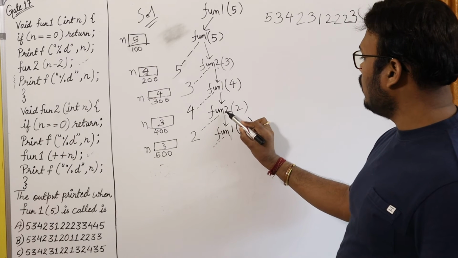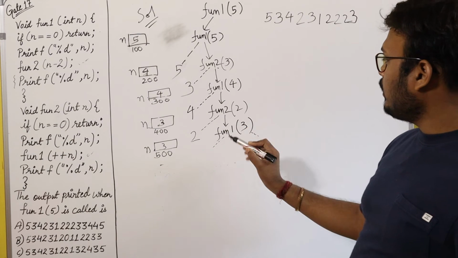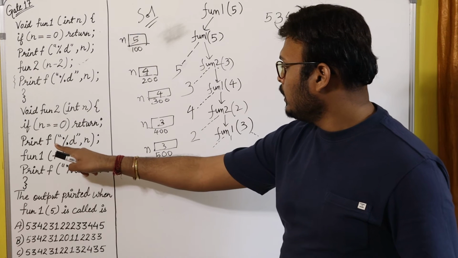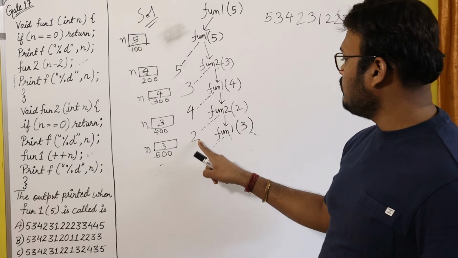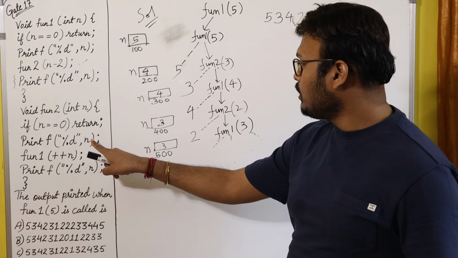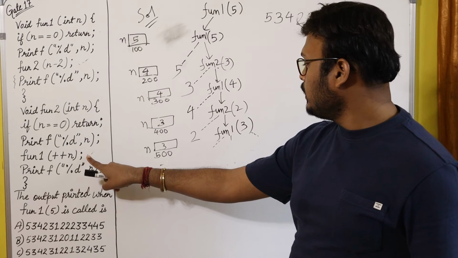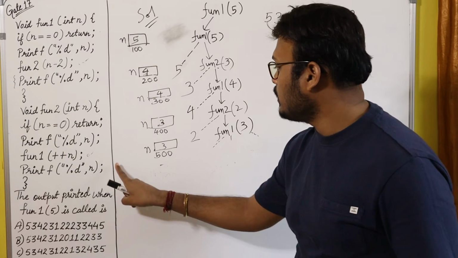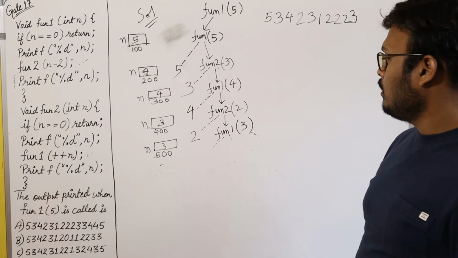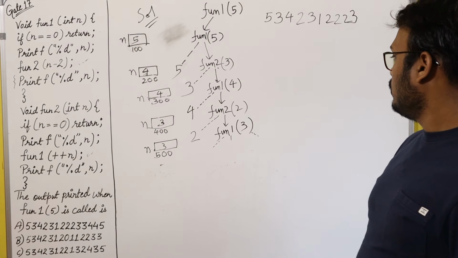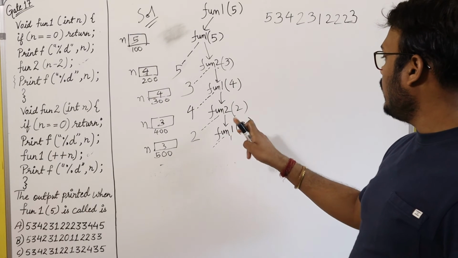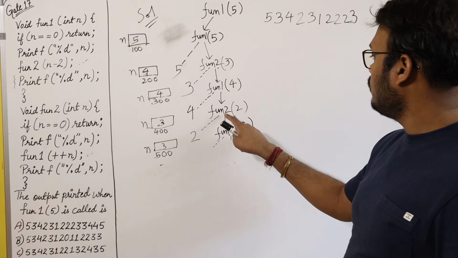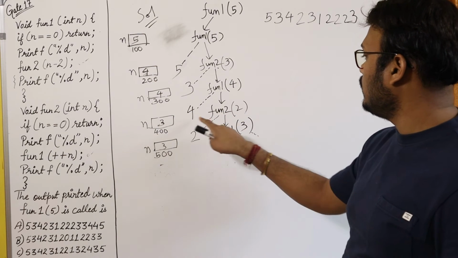So function 2 called this fun1. Before that, function 2 printed this 2. Function 2 executed the printf statement by which 2 got printed. After that, function 2 executed this function 1. So what is remaining here? This statement is remaining: printf n. What is the value of n for function 2? For function 2, the value of n is 3.